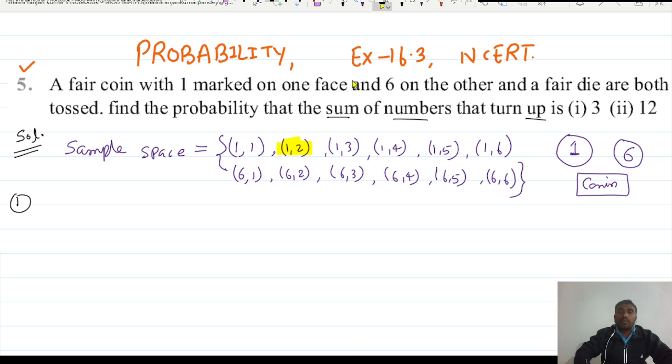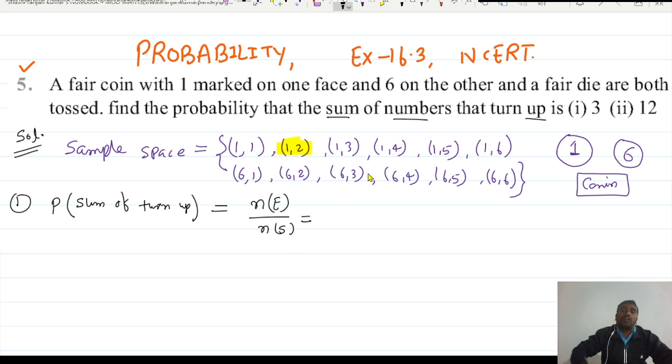So what is the probability here? The probability of event E, that the sum of the turned up numbers is 3, is nothing but Ne upon Ns. In the formula, E is the outcome that is favorable to your event.